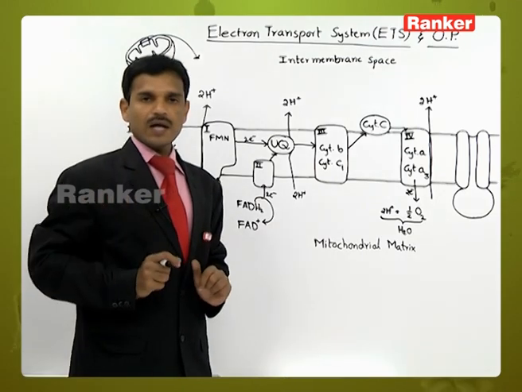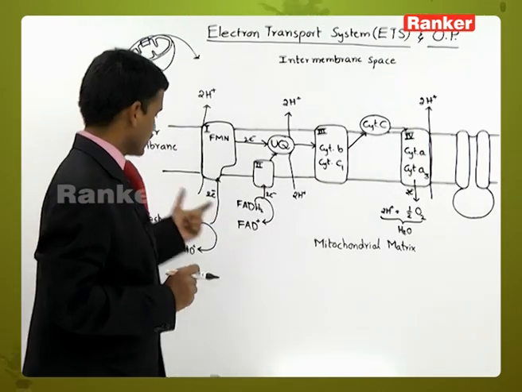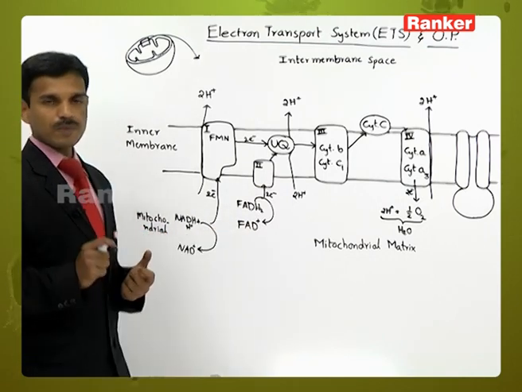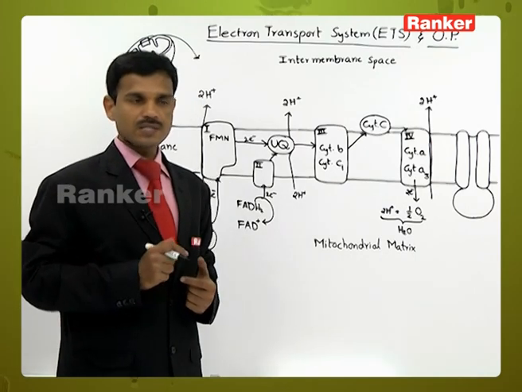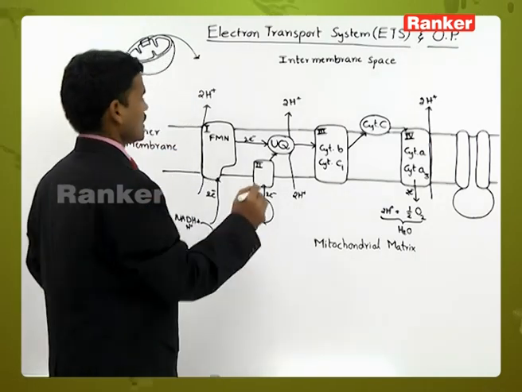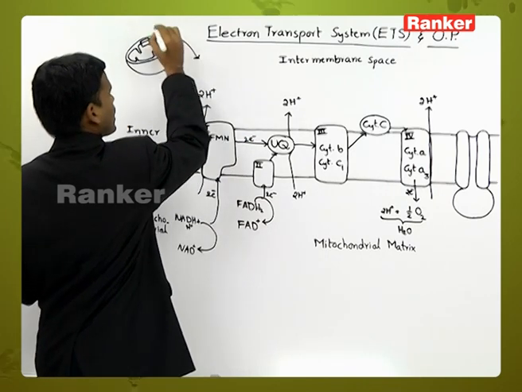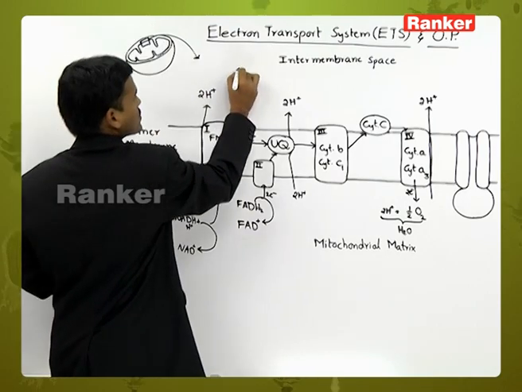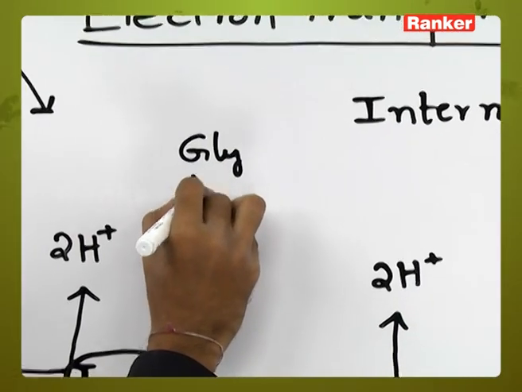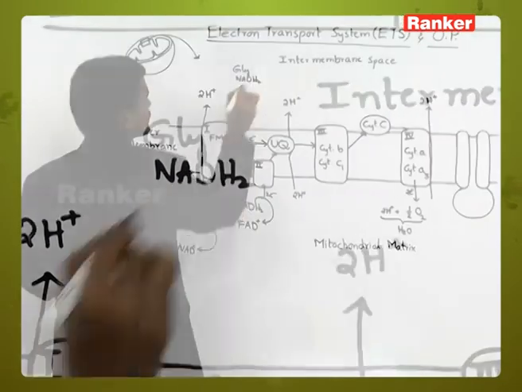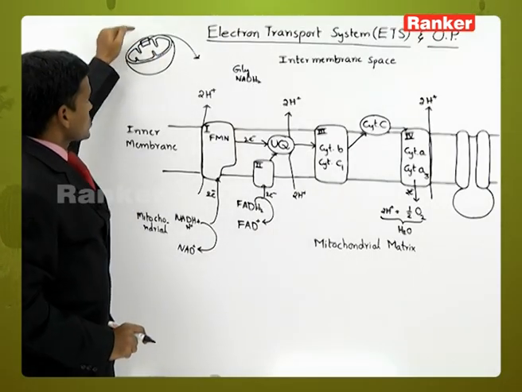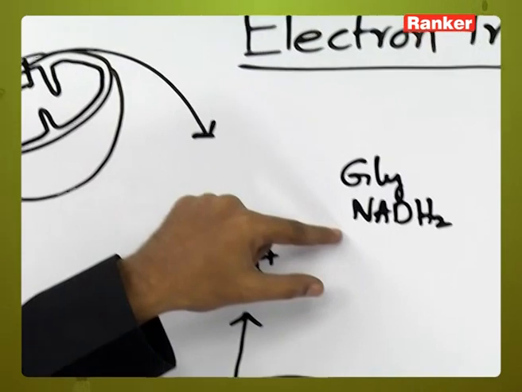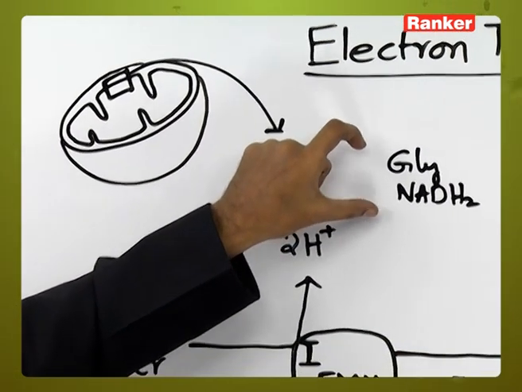Next, what about glycolysis NADH2? So we discussed only mitochondrial NADH2 and FADH2. But glycolysis NADH2 is produced in the cytoplasm. The glycolysis NADH2 goes from the cytoplasm to the mitochondria.